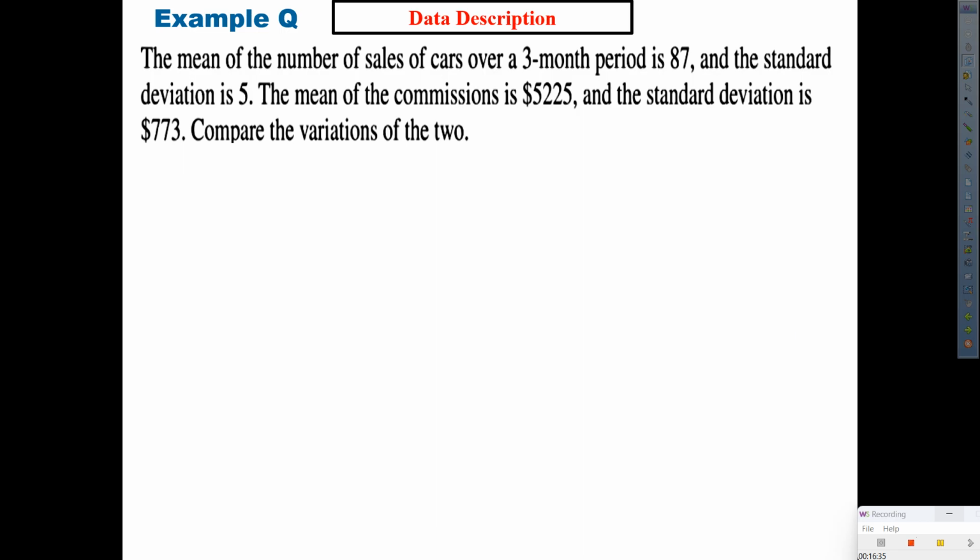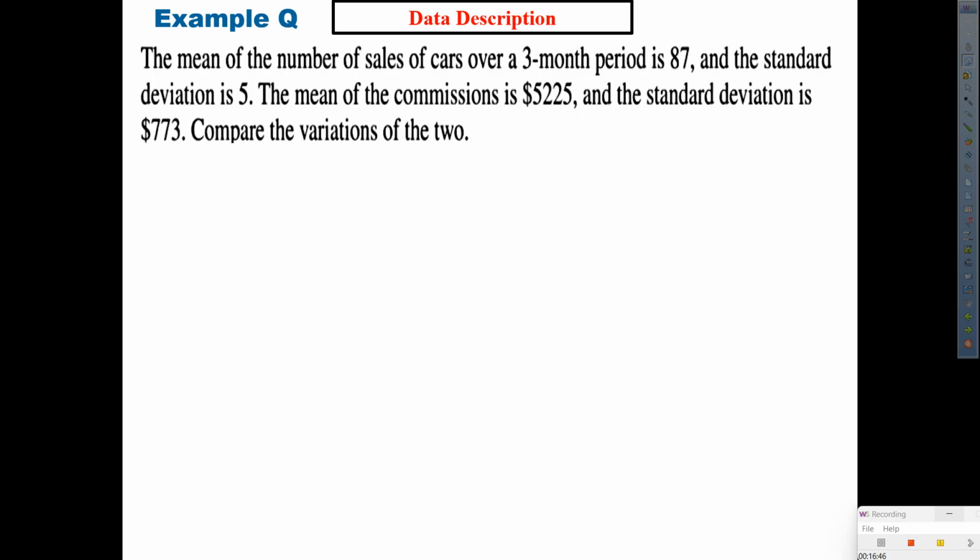It reads again. Example Q: the mean of the number of sales of cars over a 3-month period is 87, and the standard deviation is 5. Question, are they saying sales for the entire United States? No. Okay. The mean of the commissions is 5,225, and the standard deviation is 773. Compare the variations of the two.